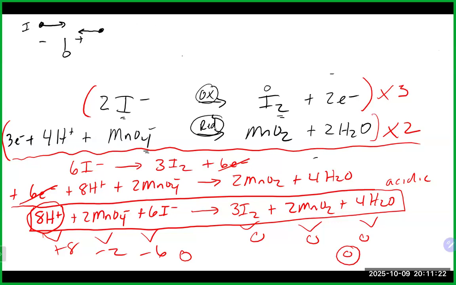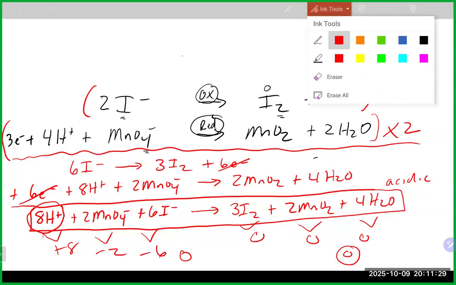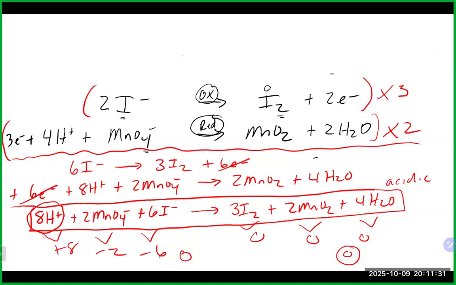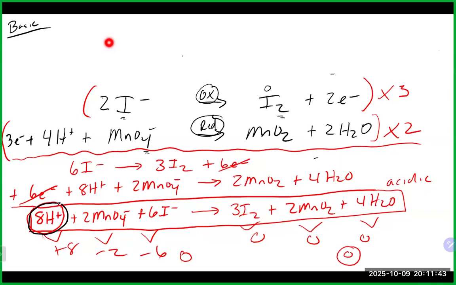As we talked about, we're going to do it to both sides, right? So that is the goal there. So in this case, we're going to add OH minus to both sides to turn this basic. And the amount of OH minus we're going to add is the amount of H pluses that we ended up with. So in this case, we ended up with 8 H pluses.